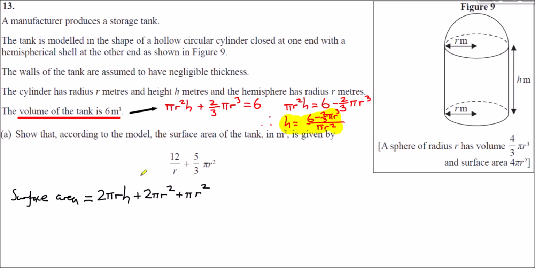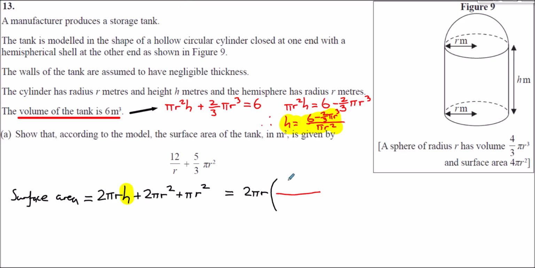So if we now plug this in to what we have over here, we can now think about neatening it up after. So this is going to become 2 pi r multiplied by everything in the highlighted yellow.